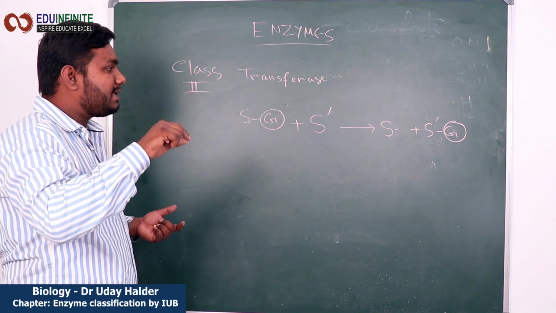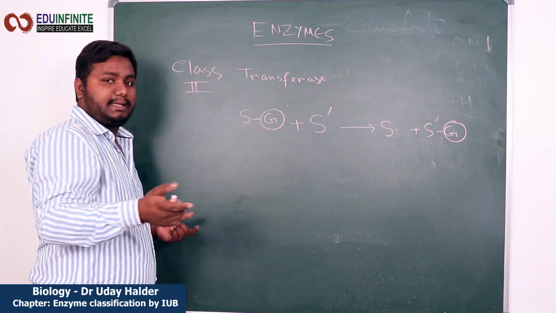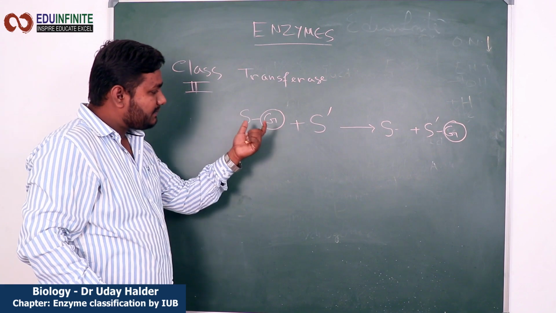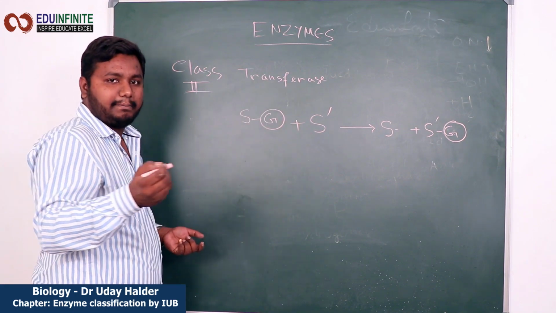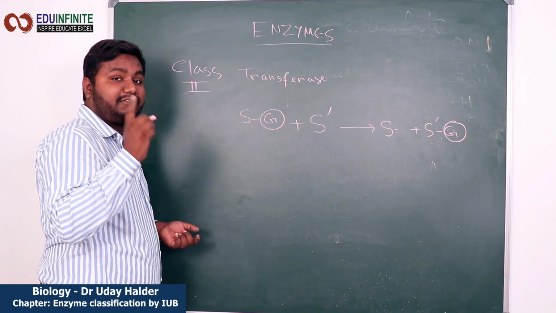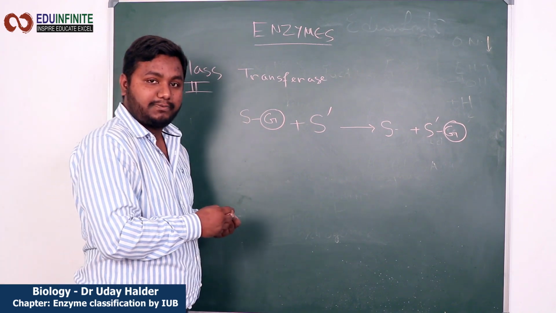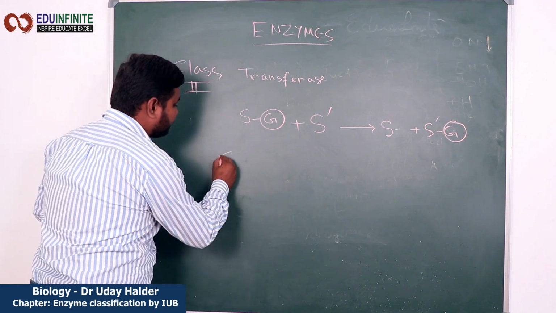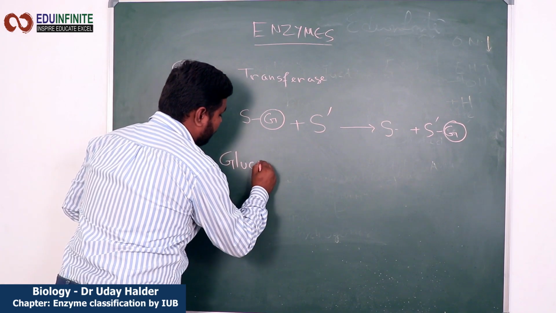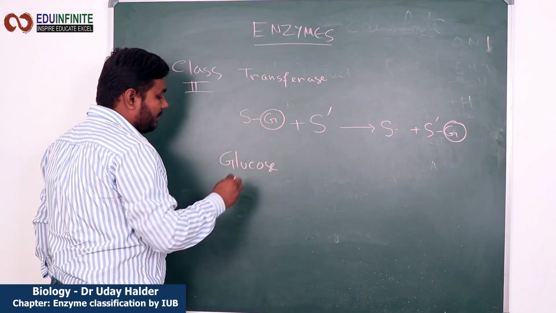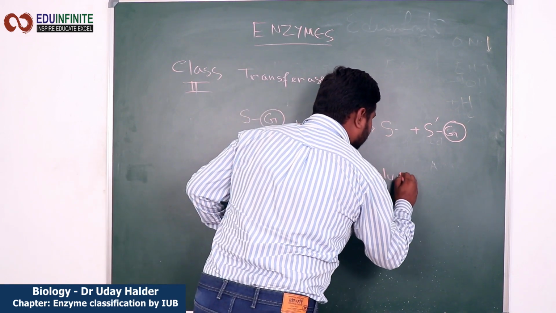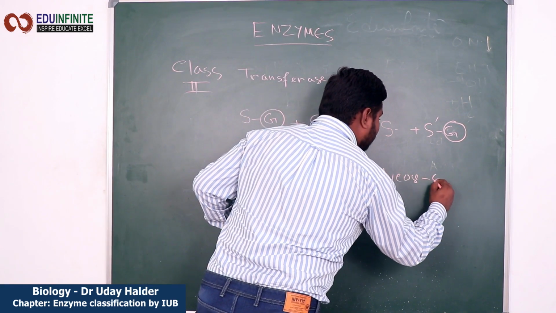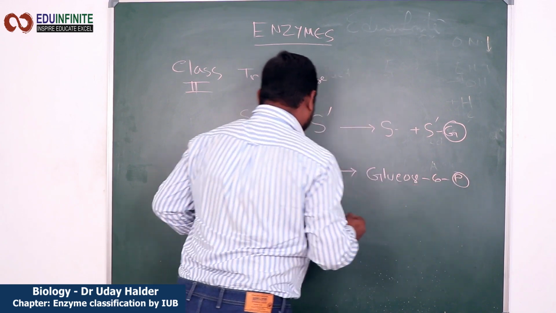So which type of enzyme is acting here? Transferase. Meaning a group is transferred from someone to another. You can take some authentic example. I'll take the first reaction of glycolysis for this purpose. We say glucose is converted to glucose 6-phosphate. Yes.